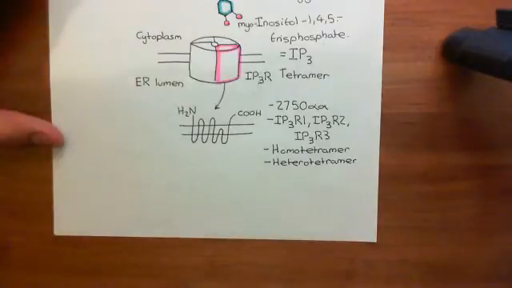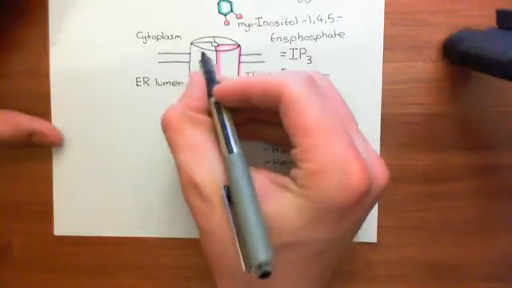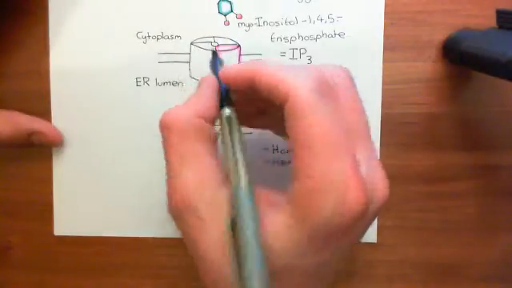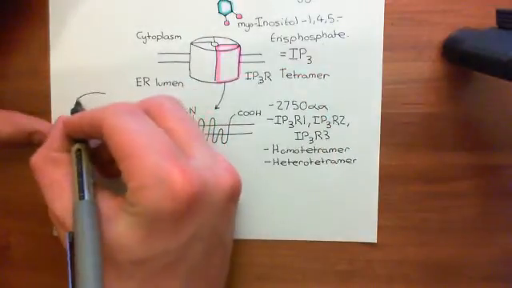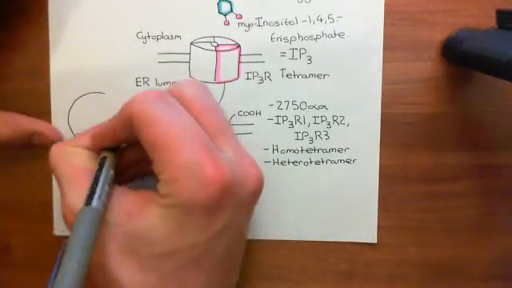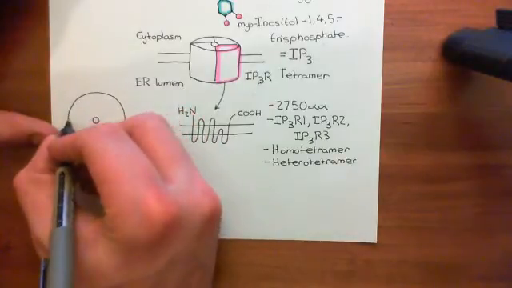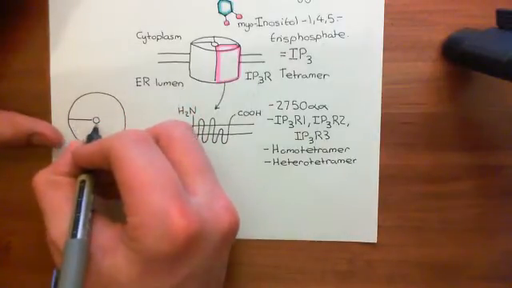So, let's start with what IP3 is going to do to the IP3 receptors. I'm going to draw an IP3 receptor from above. We're now looking down from the cytoplasm at the top of an IP3 receptor. So here is the pore through which calcium can move.